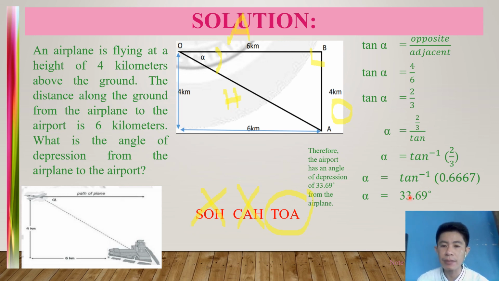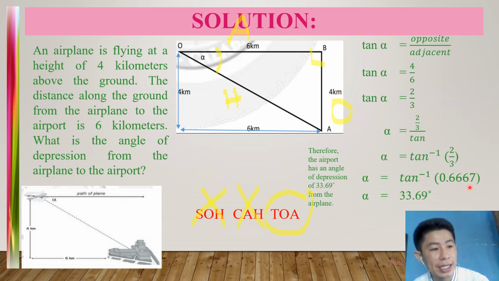Then, using your calculator, we can find the arctangent of 0.6667. Just click Shift, Tangent, then 0.6667.